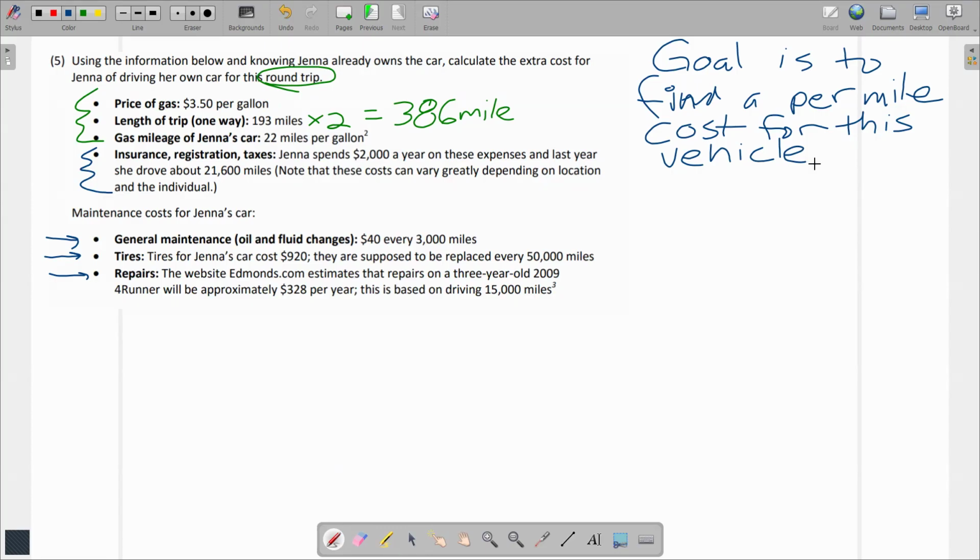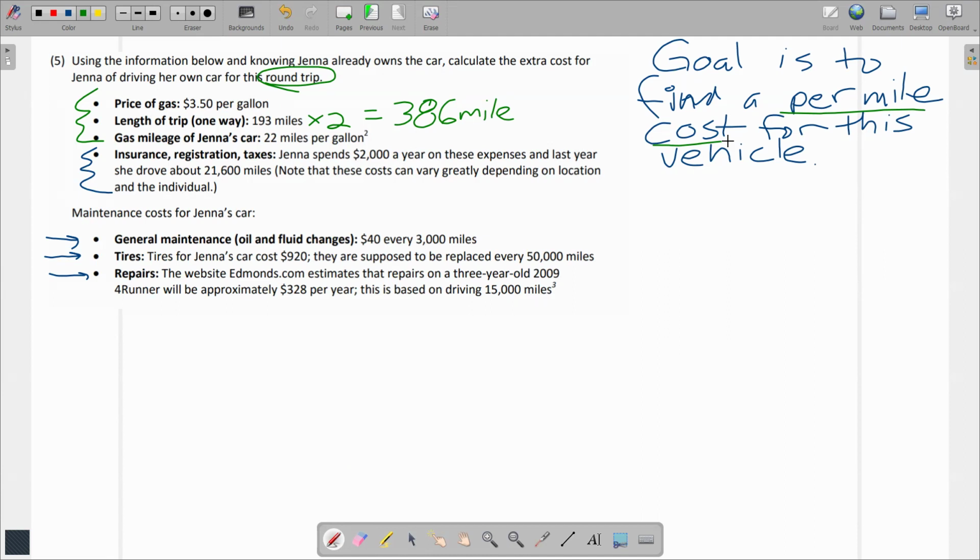So with that goal in mind, I'm going to review again the gas. And I'm going to do that because I have the total gas cost. I didn't come up with a per mile cost for gas. So I'm going to review that.